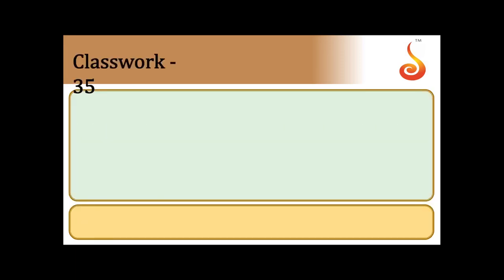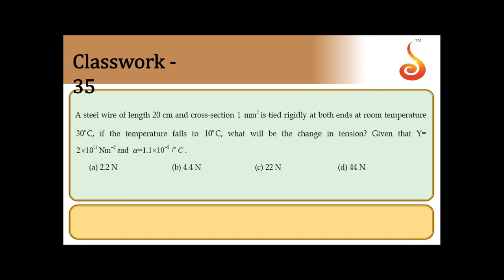Yes, we shall move on to next one. A steel wire of length 20 centimeter and cross section 1 millimeter square is tied rigidly at both ends at room temperature, that is 30 degree Celsius. If the temperature falls to 10 degrees, what will be the change in tension?